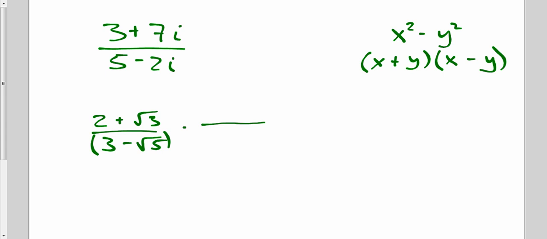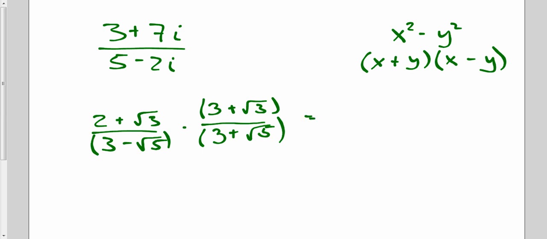Who remembers that? I multiply both the numerator and the denominator by its conjugate. What happens to my denominator?